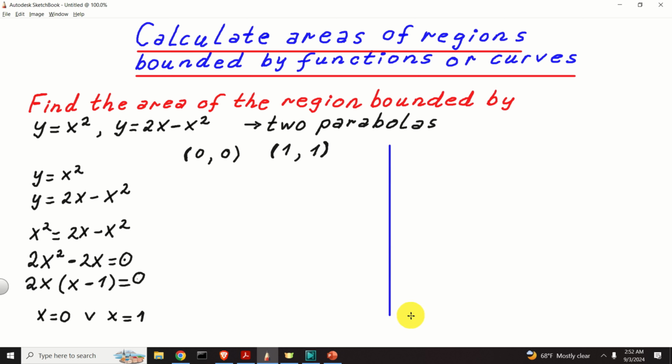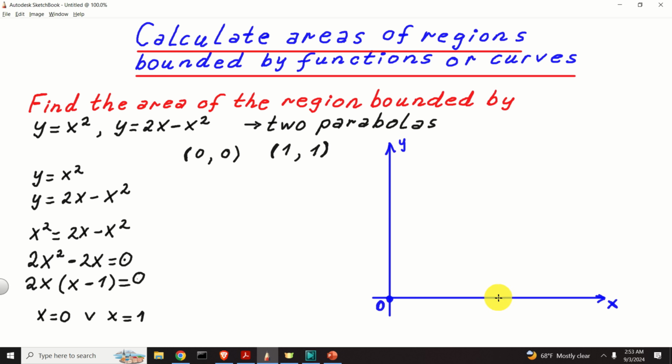Here is my vertical axis, y, and here's my horizontal axis, x. Let's first of all denote the intersection points. The first intersection point is 0, 0, that is, it's the origin of our coordinate system.